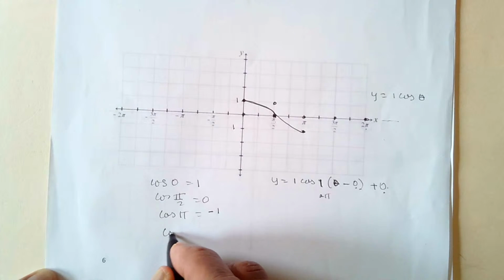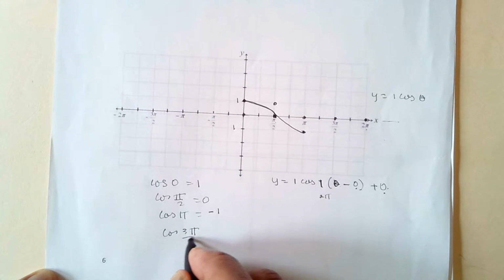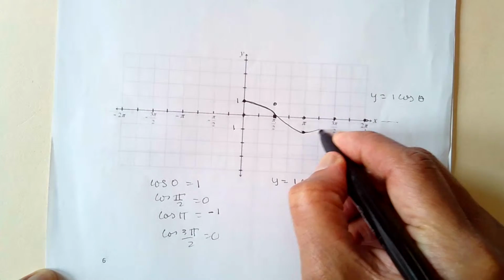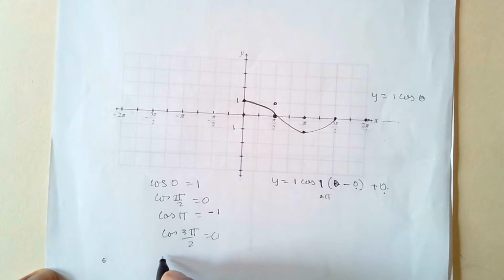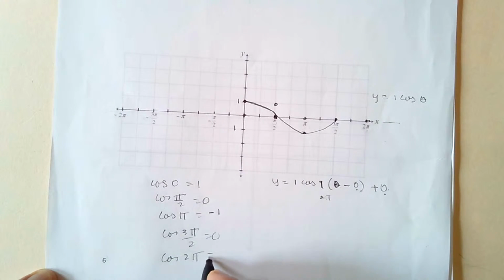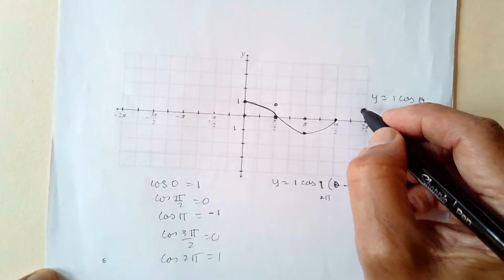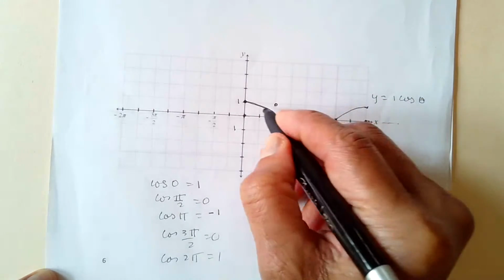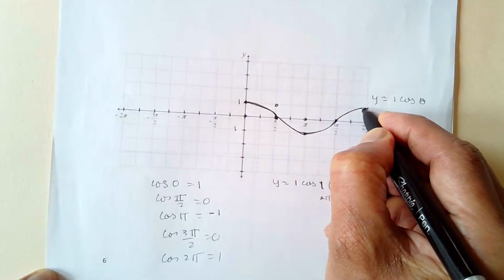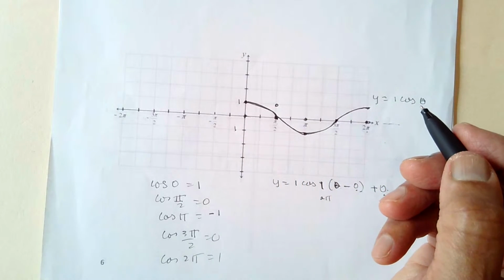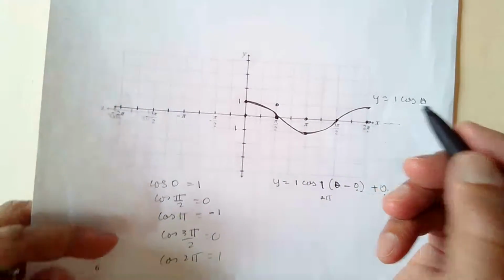Then cos of 3 pi over 2 is equal to 0, and cos of 2 pi is equal to 1. So this is our cosine graph, and we'll refer to this one.